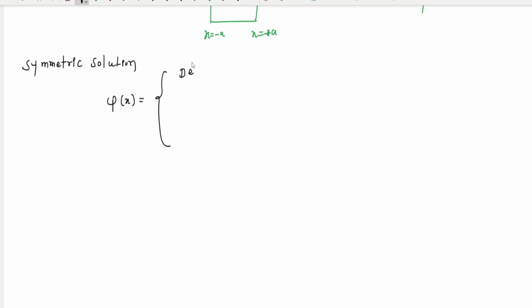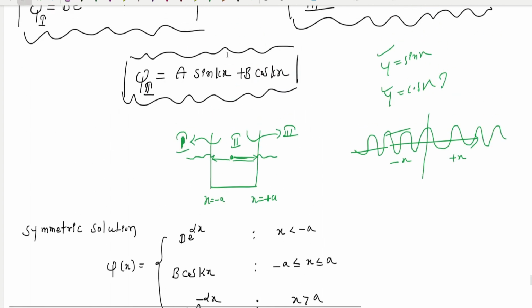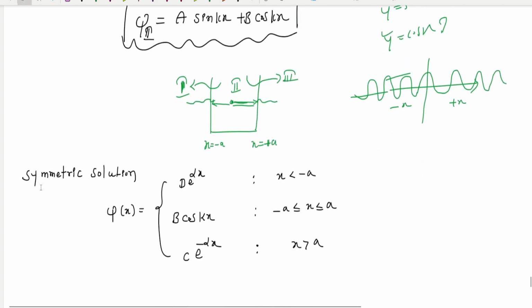D e power alpha x for x less than minus a; b cos kx for minus a less than x less than or equal to a, this region; and C e power minus alpha x for x greater than a. You got my solution? Here I am taking the symmetric function.